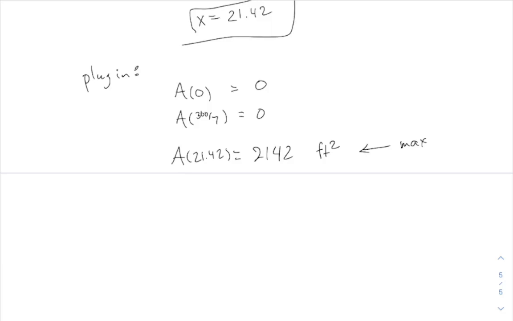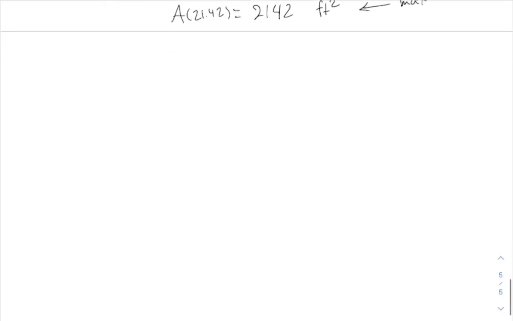We're going to talk about something called the antiderivative, which is totally different, although you'll realize pretty quickly it's kind of similar.